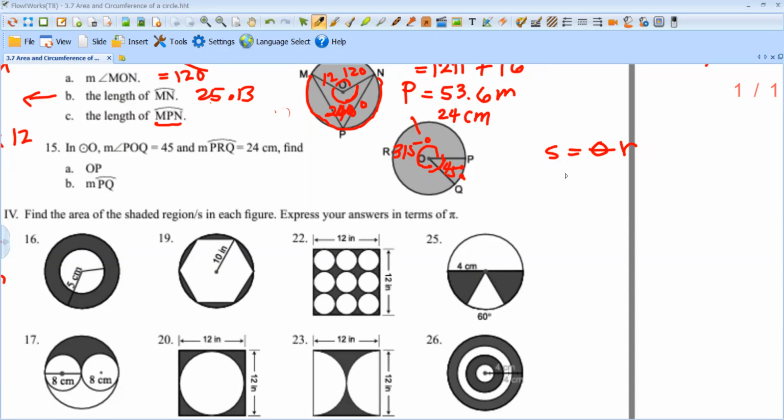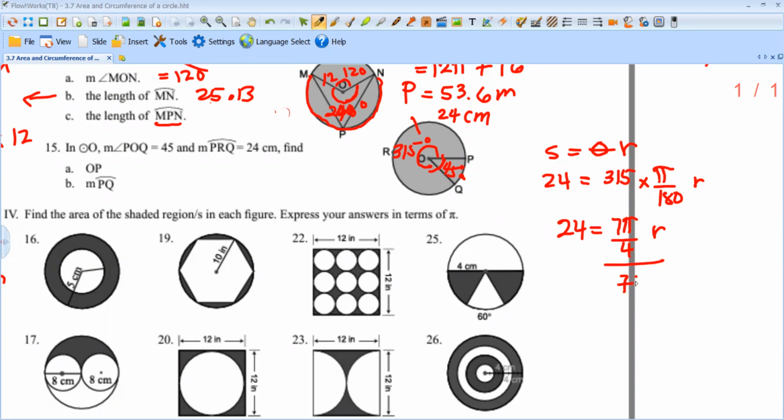So what we will do, the arc length is 24 centimeters. The theta is 315 multiplied by pi over 180 times the radius. So get this first, 315 divided by 180, which you will get 7 pi over 4. 24 equals 7 pi over 4 radius.